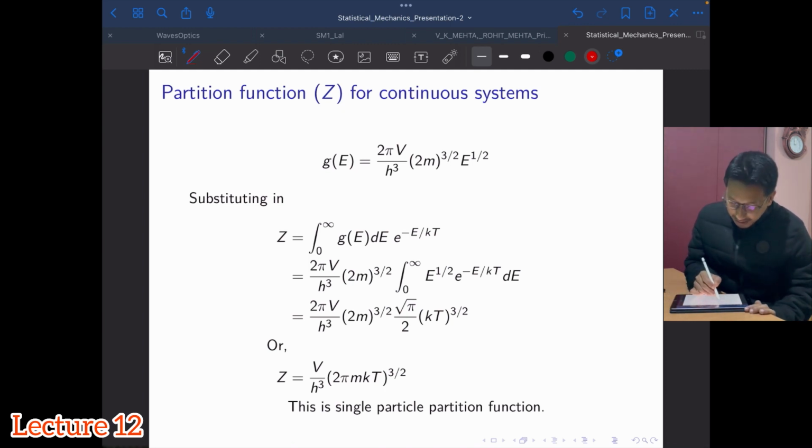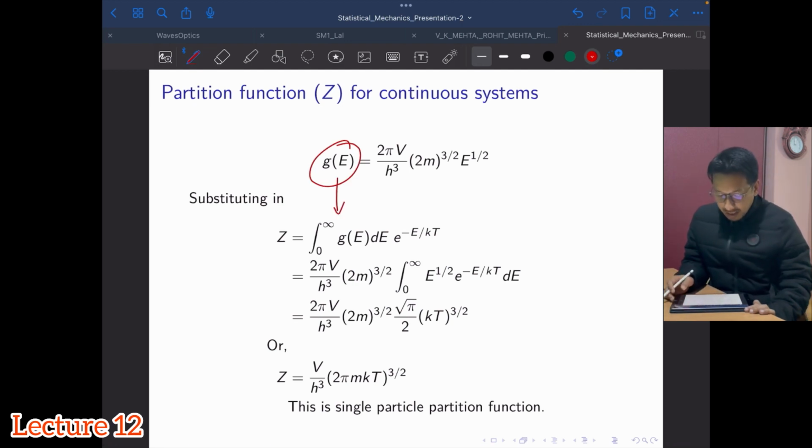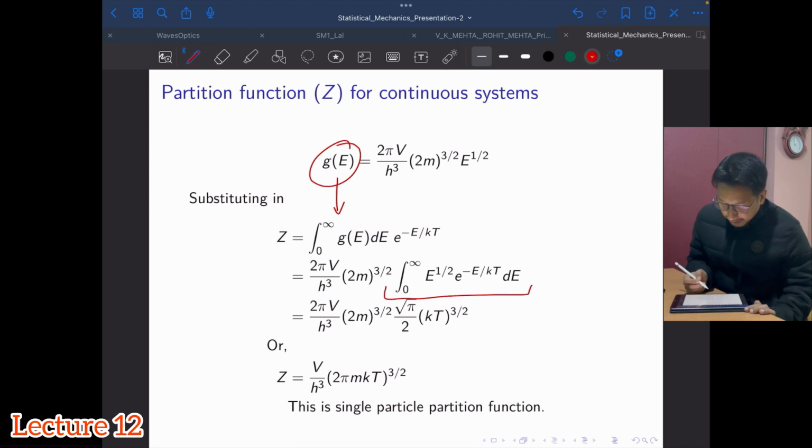Using this expression, now substitute back in this. Then you just follow basic steps of mathematics, and you will get this particular term.